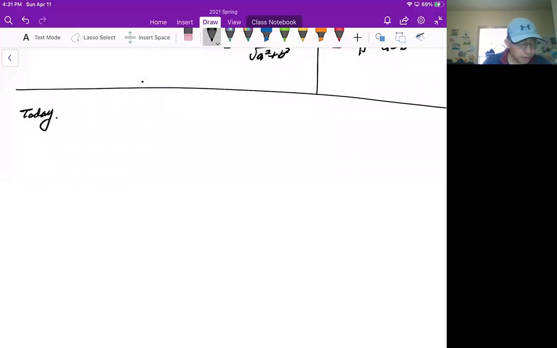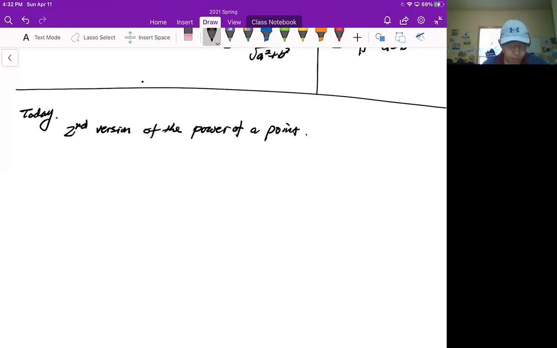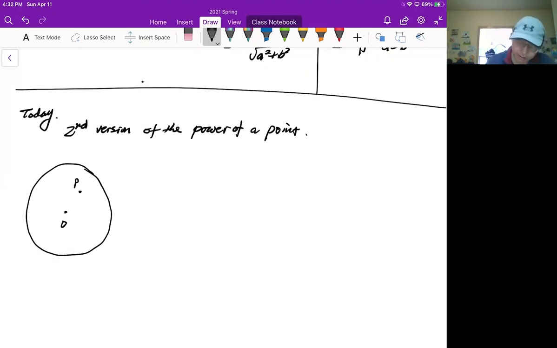So today, the second version of the power of a point. Okay. So basically, I'm going to prove the following. Let's say we have a circle here, this is the center O, and this is a point P here.